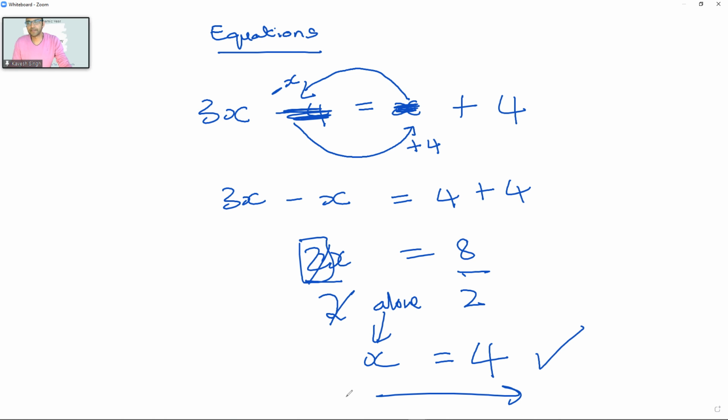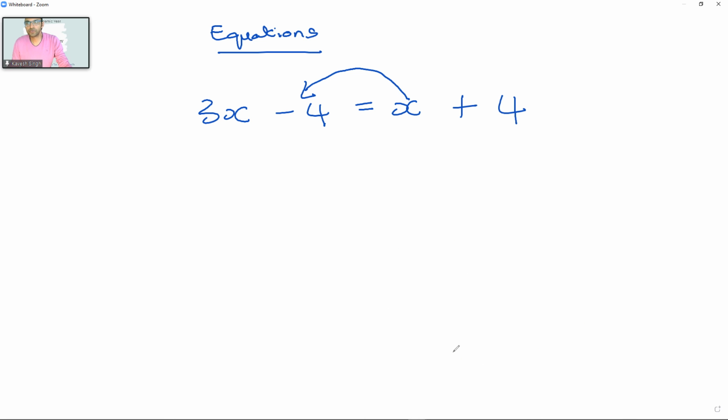Oh. Okay, so let's go through that one more time. What's the first thing we did? We move x over, it becomes minus x. And what do we do with the negative 4 after that? Move it over, it becomes plus 4, and then it disappears.